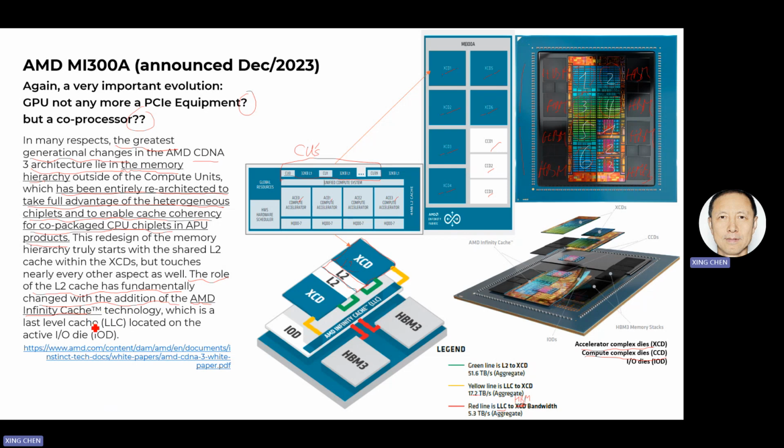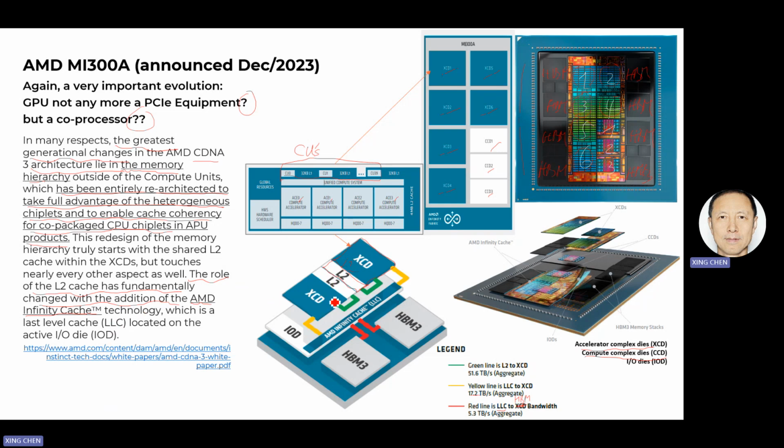Now, this cache is connected by this Infinity Fabric network. I mean, if you think about that, in the past up to now, the cache has always been attached to the compute die.